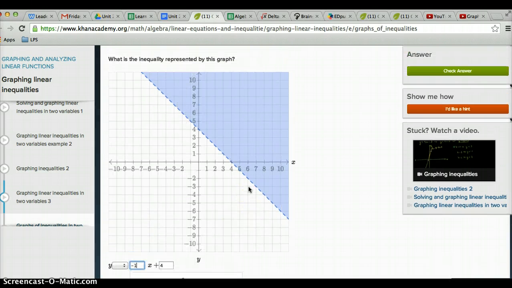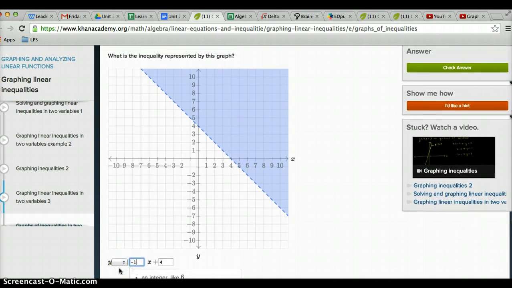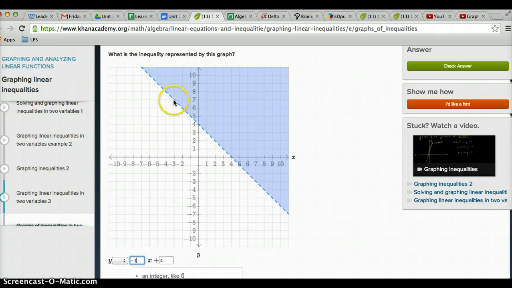And then the last thing I have to do, everything has been the same, just like we did for writing an equation from a graph up until now. The only difference when you're writing an inequality from a graph is that you have to deal with the inequality sign. That means looking, number one, at the line and remembering that dashed lines mean these are not solutions.